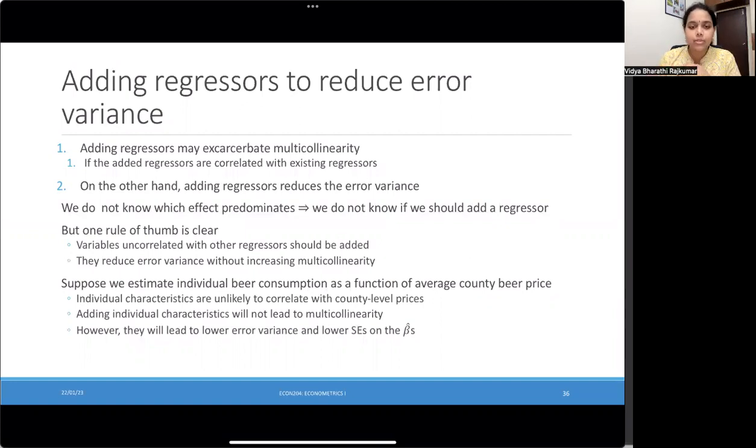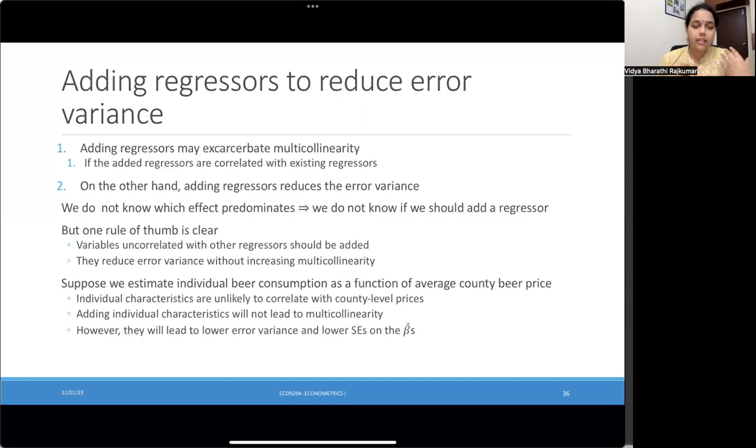So here's an example. Suppose we are estimating how a person's individual consumption of alcohol depends on the average county price of alcohol. Now, the county price is the key regressor of interest. If you think of other regressors that you can add to that equation, a lot of individual attributes of the person could be included here, such as how old the person is, their gender, where they live.